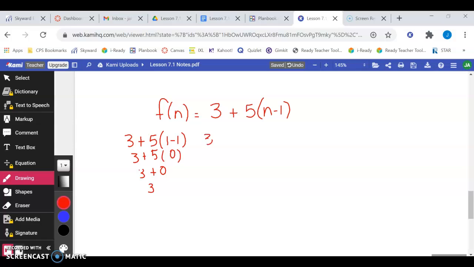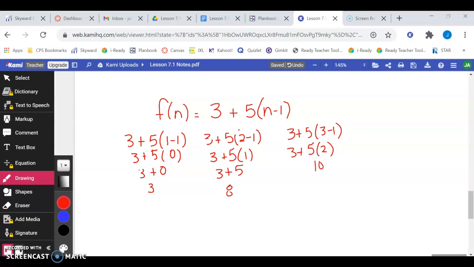Then we have to do that again for the number 2. So 2 minus 1 would be 1. Times 5 would be 5, and then plus 3 would be 8. And then our third term would be 3 minus 1 in the parentheses, so that would be 2, and that would be 10 plus 3 is 13.